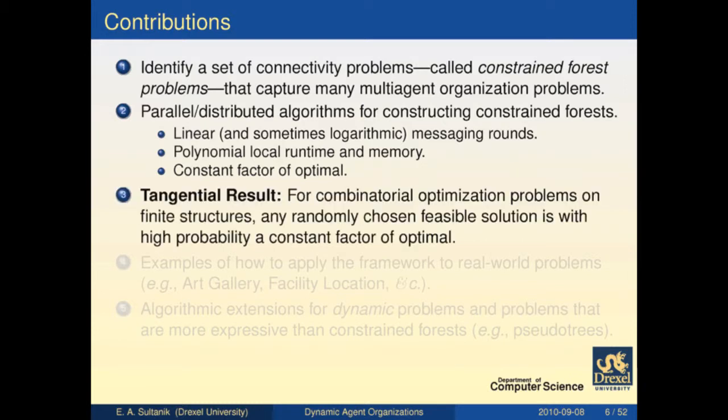And we have a tangential result that for combinatorial optimization problems on finite structures, any randomly chosen feasible solution in many cases is with high probability a constant factor of optimal.